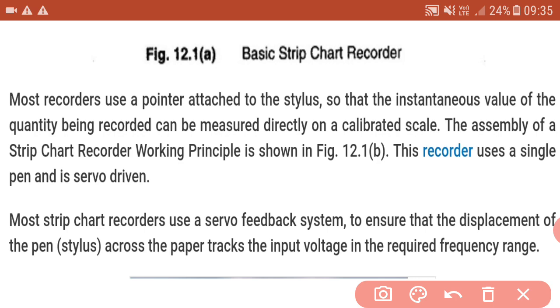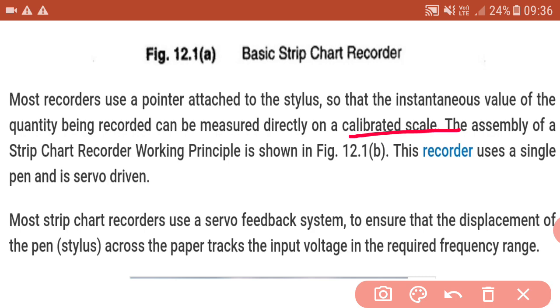Most recorders use a pointer attached to the stylus so that the instantaneous value of the quantity being measured can be read directly on a calibrated scale. So two functions are there: indicating or measuring, and recording.